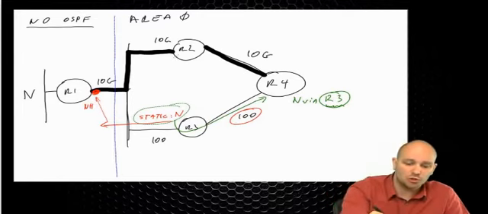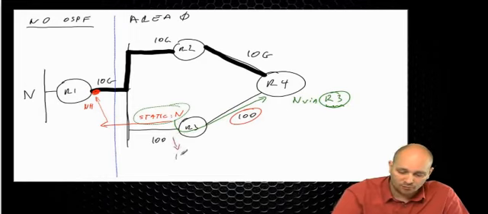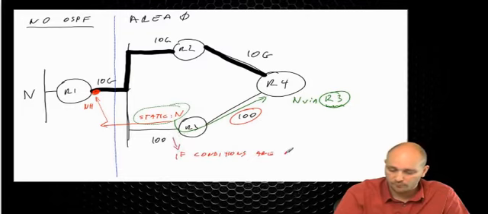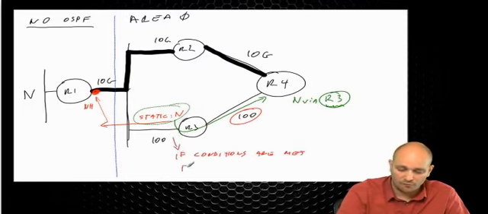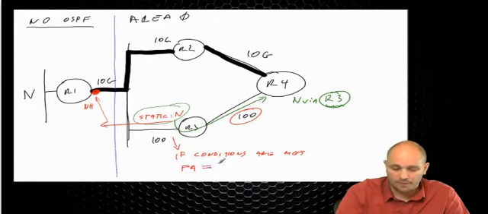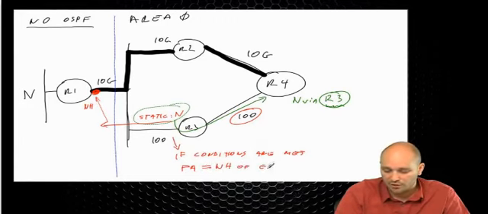If certain conditions are met, so here I'm just going to use red. If conditions are met, forward address will be the next hop of the external route.